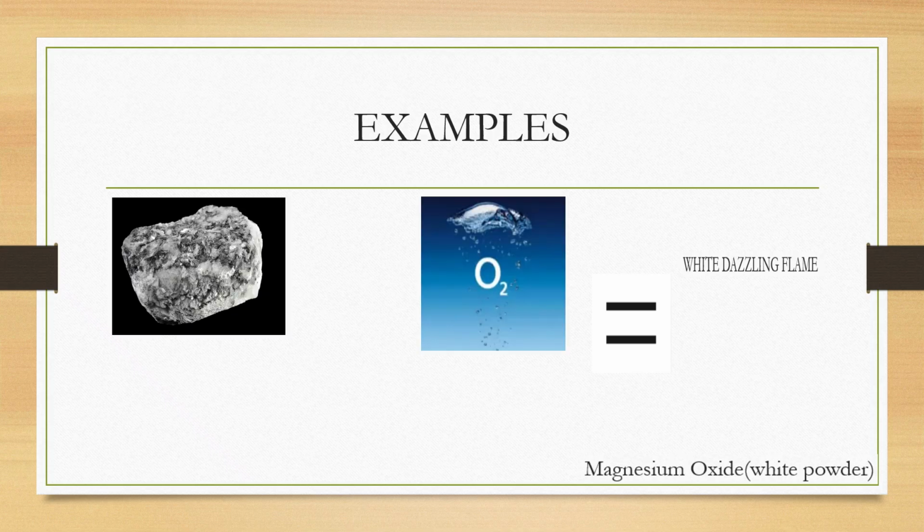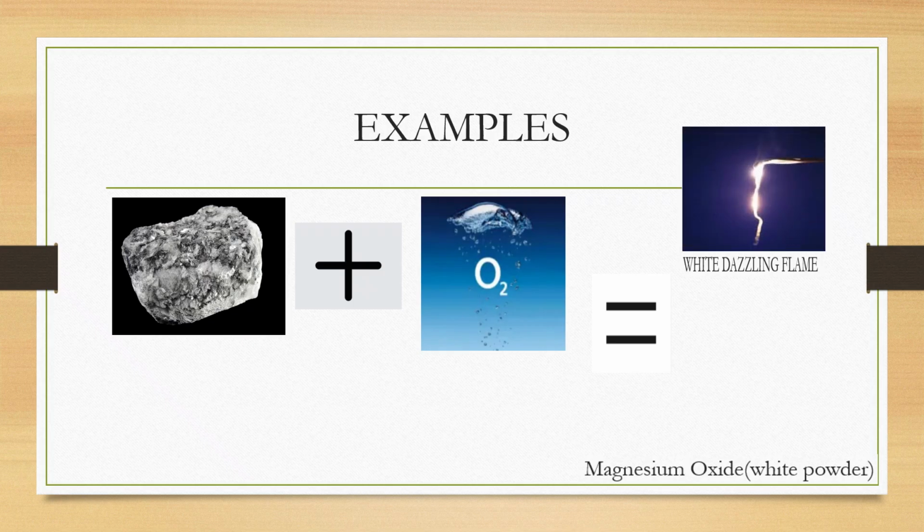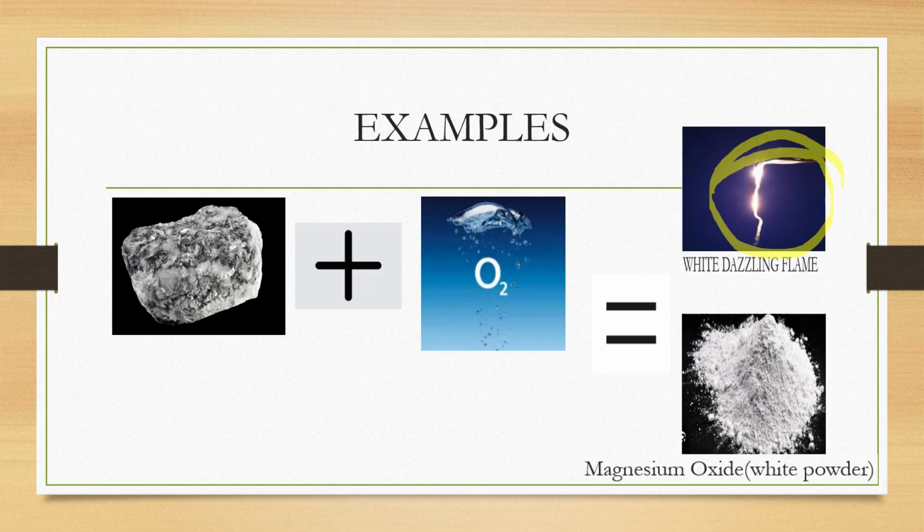You see on the screen that there is first the element magnesium, and there is a plus sign. When magnesium reacts with oxygen, it is shown like this. Whenever you identify this white dazzling flame, it is always magnesium oxide, and the powder which is formed is known as white amorphous powder magnesium oxide.